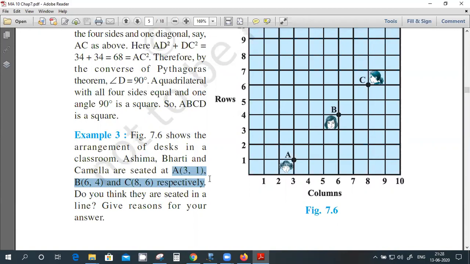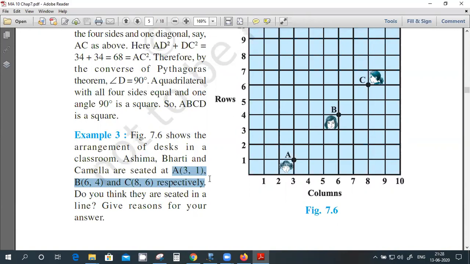How do you check whether they are in a straight line? We have to use that formula. Which formula? That x1 minus x2 whole square, root, then y1 minus y2 whole square. That big formula.